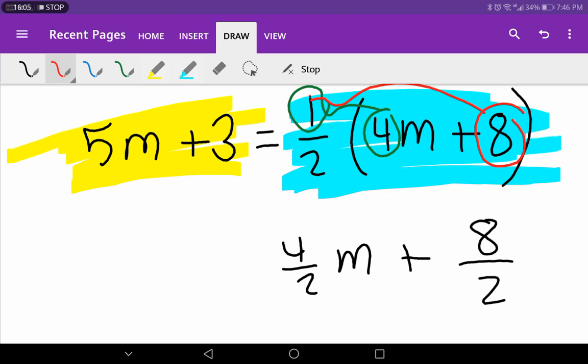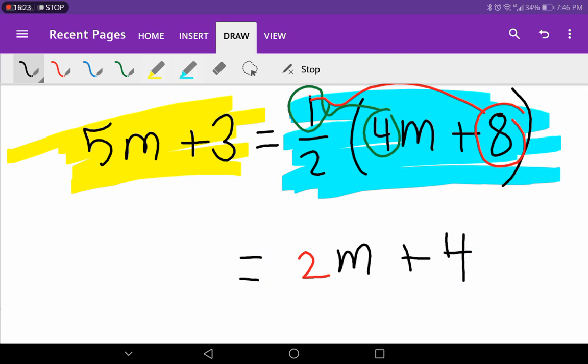Yes, but teacher, 4 over 2 is 2. Yes, good my boy, you can write 2. And 8 over 2 means 8 divided by 2 also, and this equal 4. Great boy. Let me write it: 2m plus 4 equal 3 plus 5m.